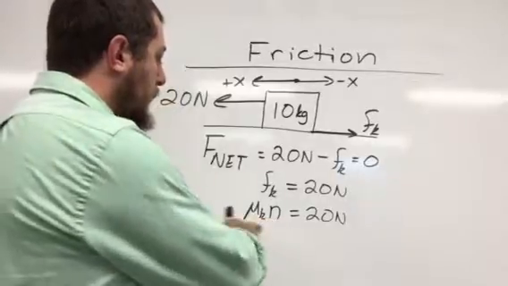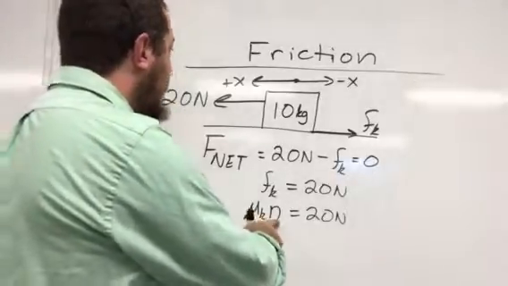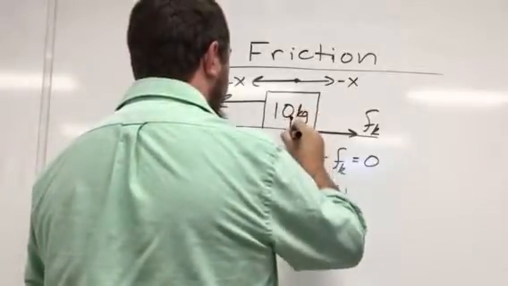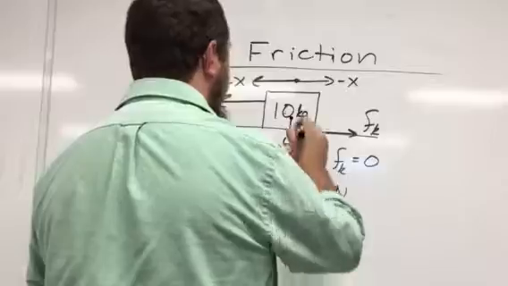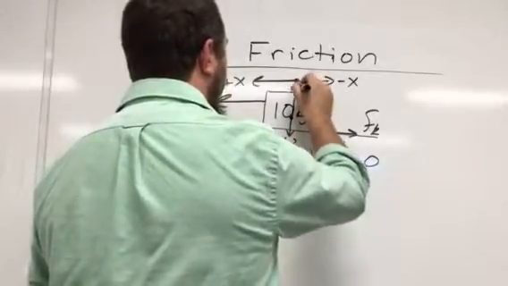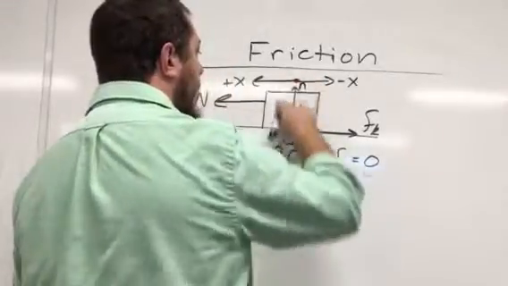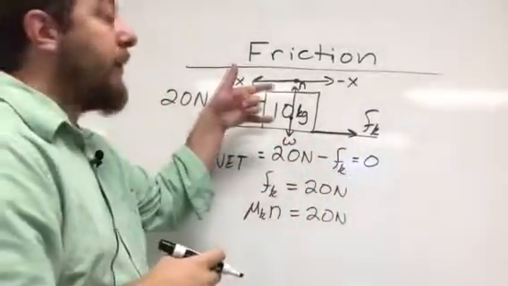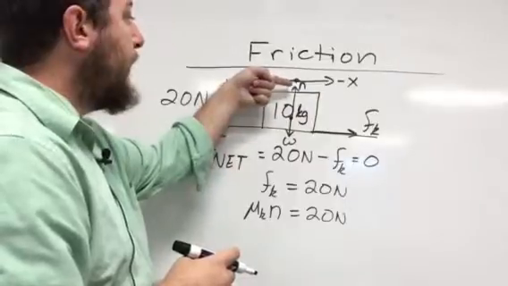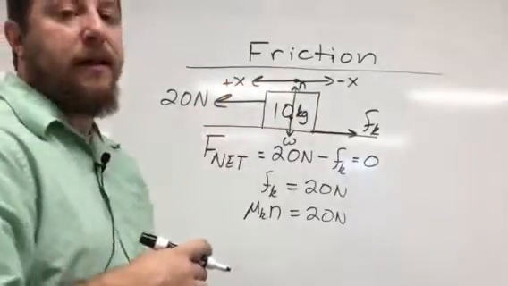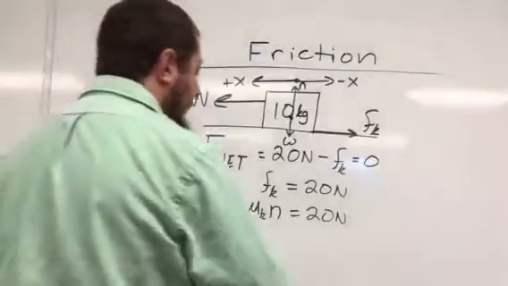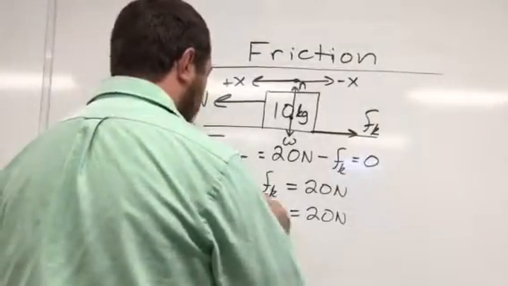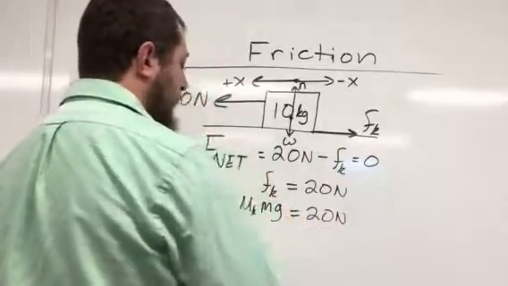And so, mu sub k times n, well, remember that n is just the normal force, and in this case, I'm going to have my weight acting downward and the normal force acting upward, and there's no acceleration up or down. So in the vertical direction, F equals ma also equals 0, and what that means is that the normal force is completely balanced out by my weight. And so what that means is that mu k times mg equals 20 newtons.